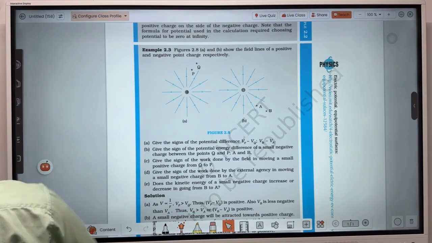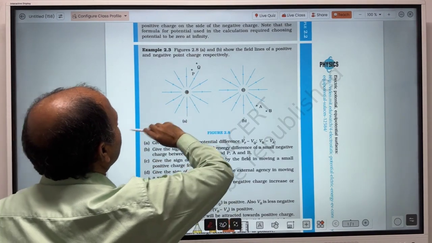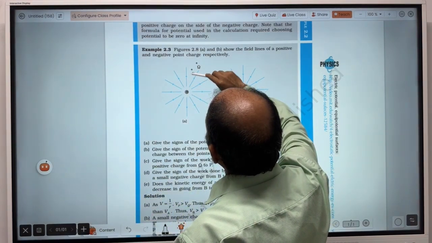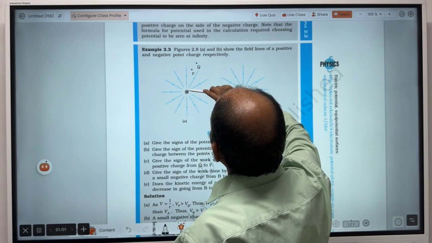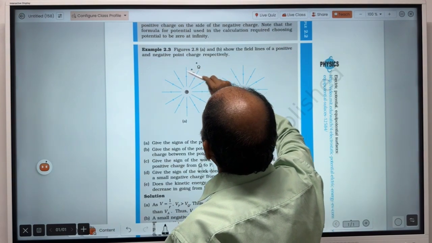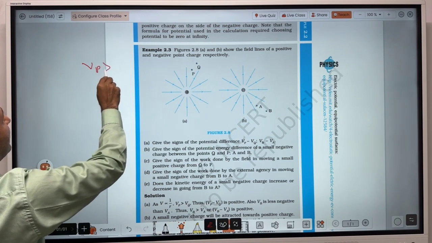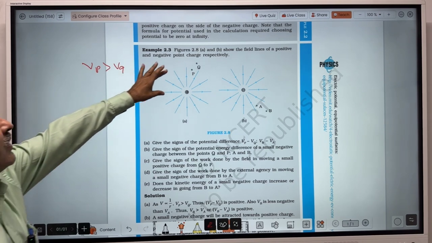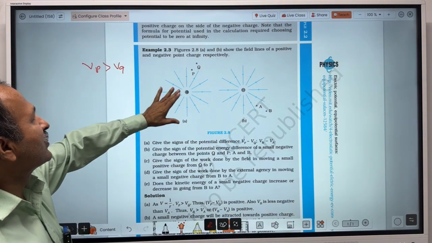The first thing, in this case, if this is a positive charge, we have to take the distance which is smaller. Here the distance of P is smaller than the distance of Q. It means potential Vp will be greater than Vq, because potential is inversely proportional to distance. So less distance means more potential and more distance means less potential.